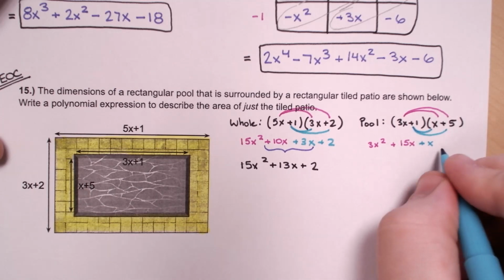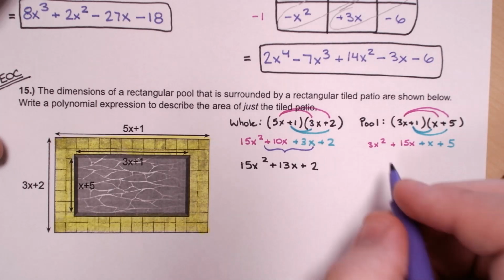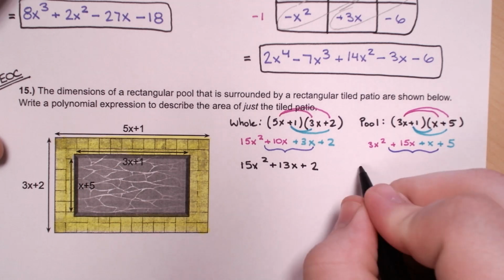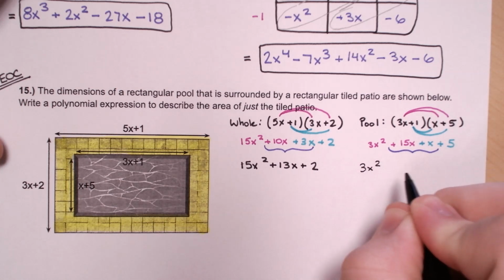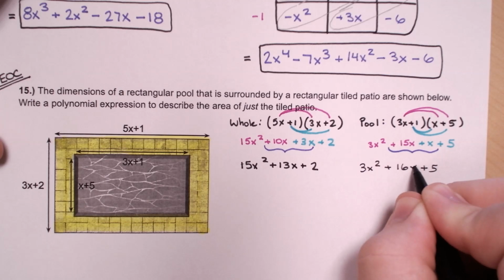And 1 times 5 is 5. Combine those like terms in the middle to get that the pool's area is 3x squared plus 16x plus 5.